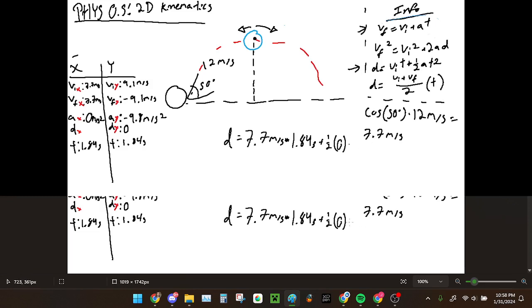The acceleration and time squared portion will be canceled out because our acceleration is 0. So this whole portion that is being multiplied is gone, because there's a 0 there. All we're left with is 7.7 times 1.84.